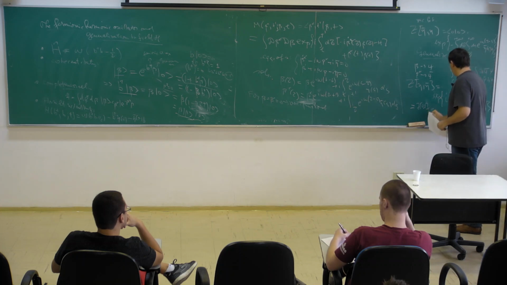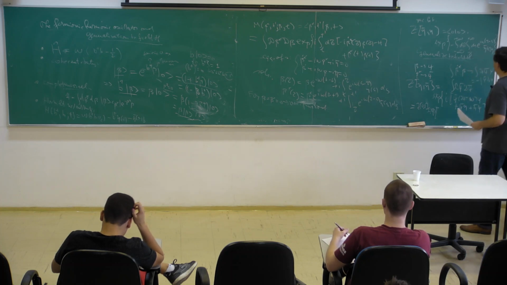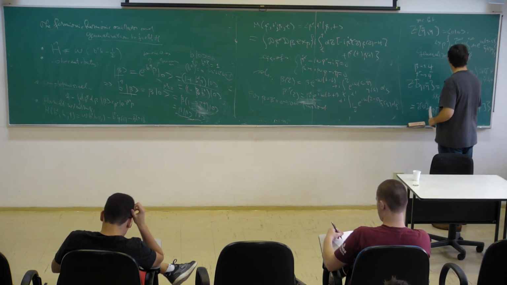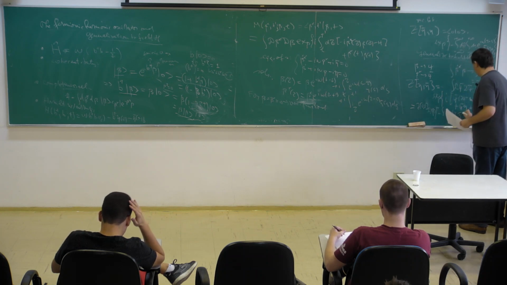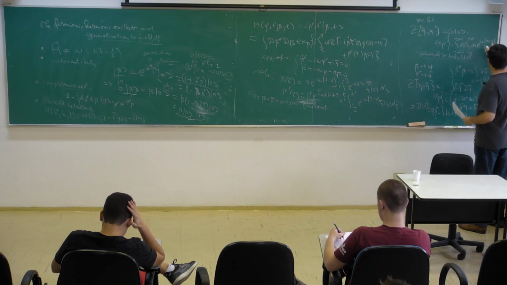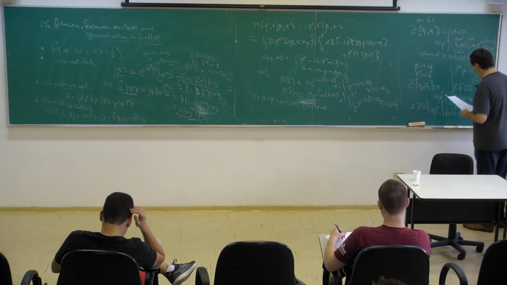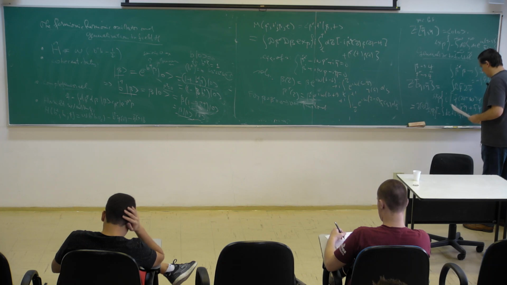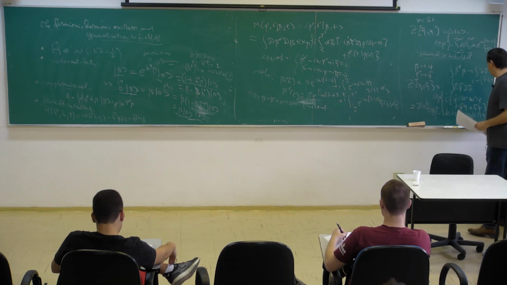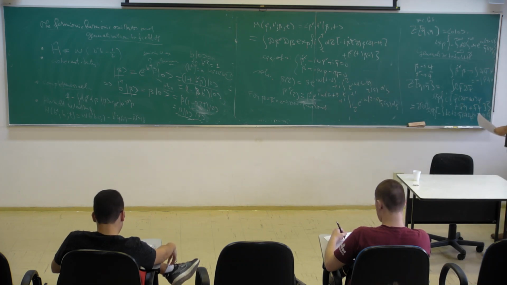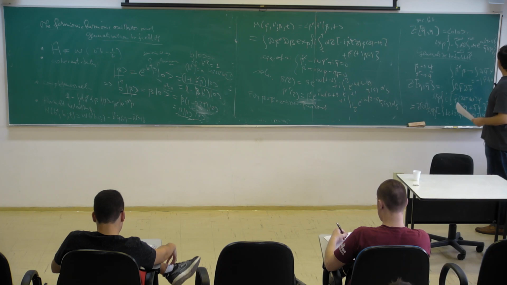And then the exponent of minus integral ds d tau, eta bar of s, and let me write here Delta_F of s and tau, and eta of tau. So what do we have here?